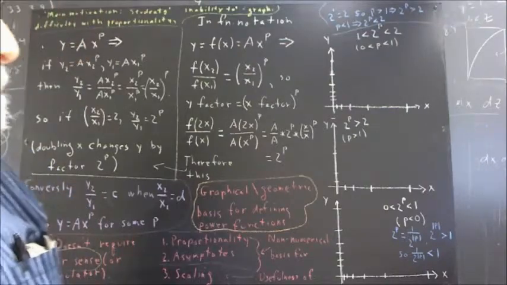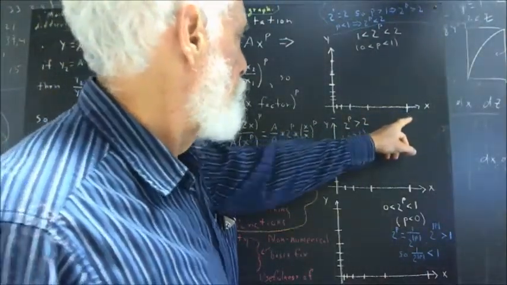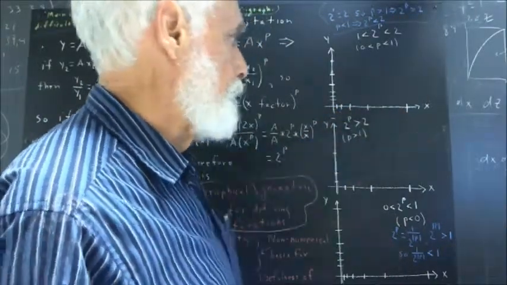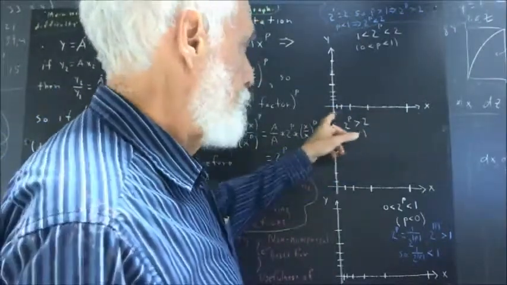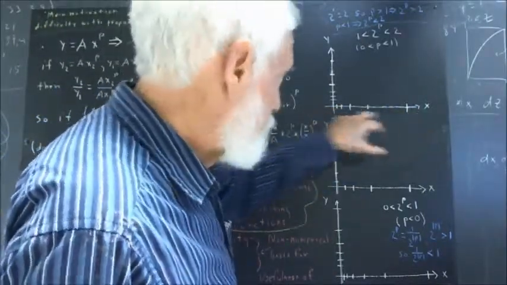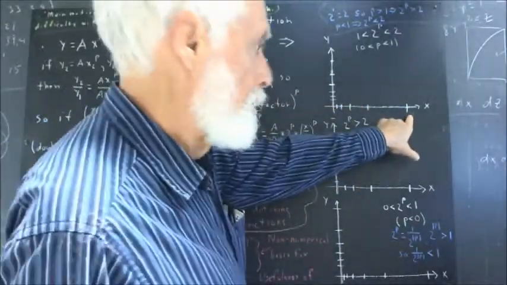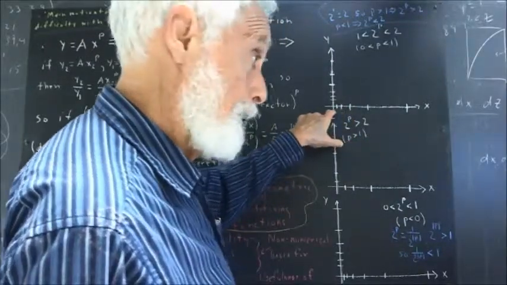So the procedure is just going to be, we start with a series of x values where the x values successively double. Now, one of the easiest ways to create an x scale where you have doubling is to start with a large x value, cut it in half, cut that in half, cut that in half, cut that in half.